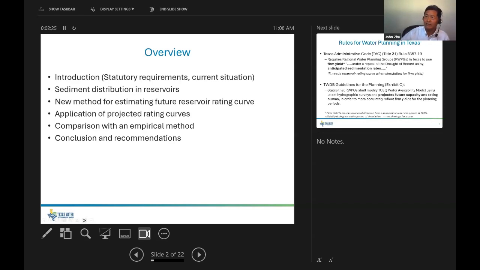Then we will discuss this new method for estimating the future reservoir rating curve. And then we will briefly discuss the application of this projected rating curve. Finally, we have a comparison with the popular traditional or empirical method. And then we will finally conclude this presentation.